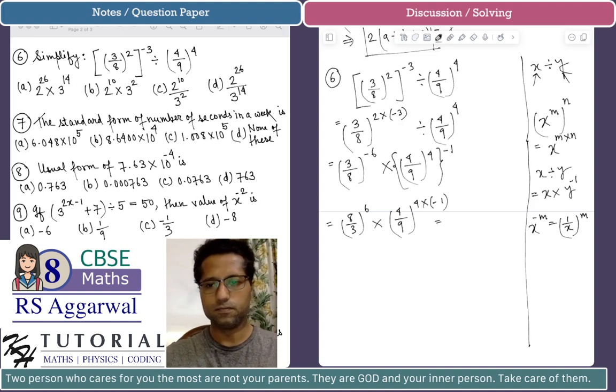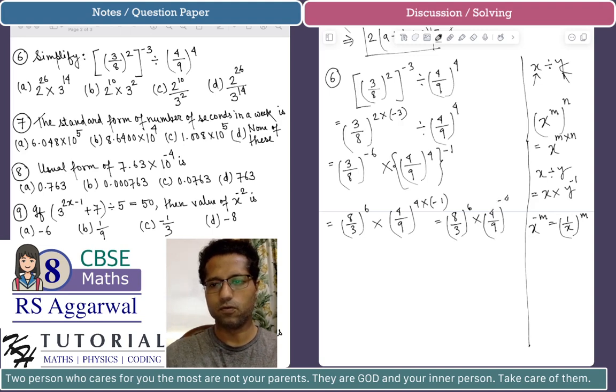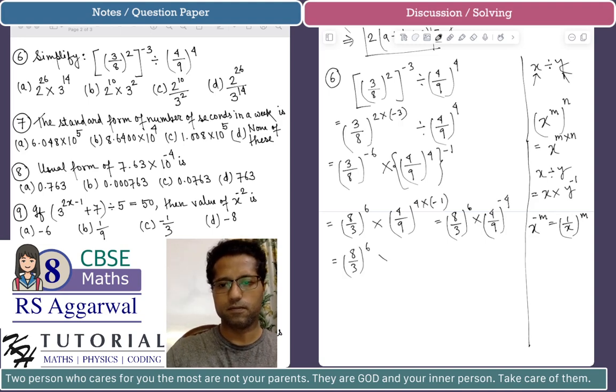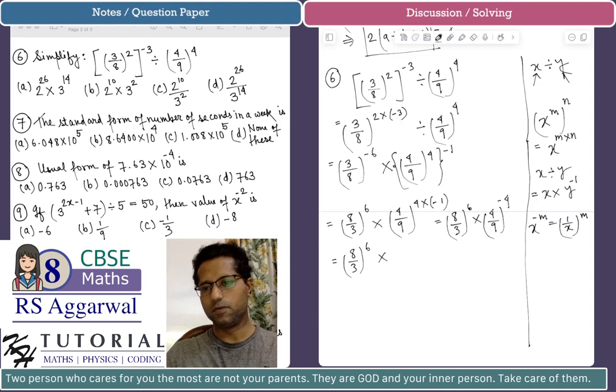This is equal to 8 by 3 raised to the power 6 multiplied by 4 by 9 raised to the power minus 4. The power is negative, so this will be 9 by 4 raised to the power 4.